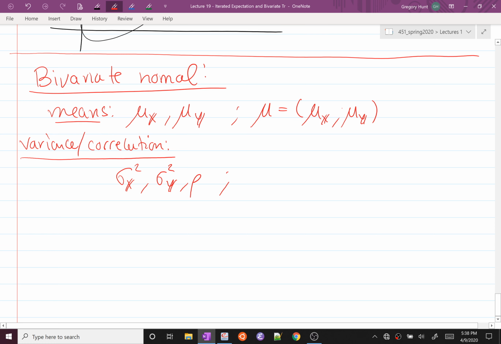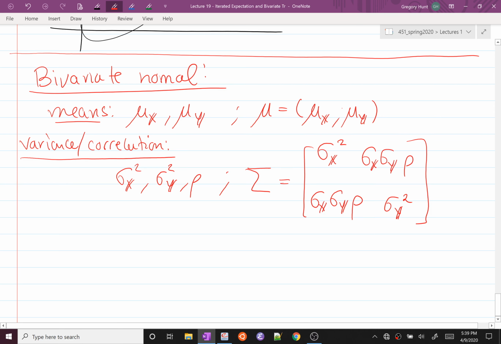You can encode all of this in a matrix. We're going to say capital sigma, where capital sigma is the following matrix. On the diagonals is sigma x squared and sigma y squared. And on the off diagonals, it is sigma x, sigma y, rho. Those off diagonals are the covariance.